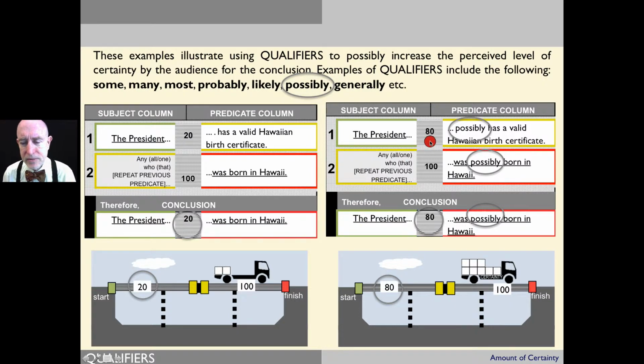Well, here, which is likely, when you add a qualifier to your premise, you're increasing the level of certainty that this premise is true. And in this instance, that allows the conclusion to increase in its level of certainty.